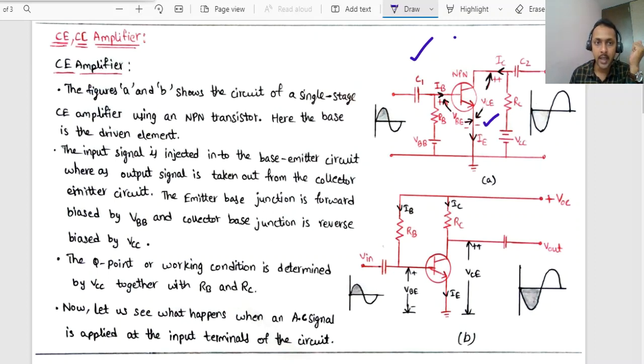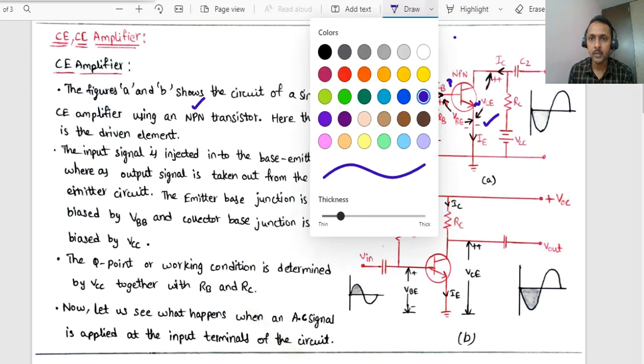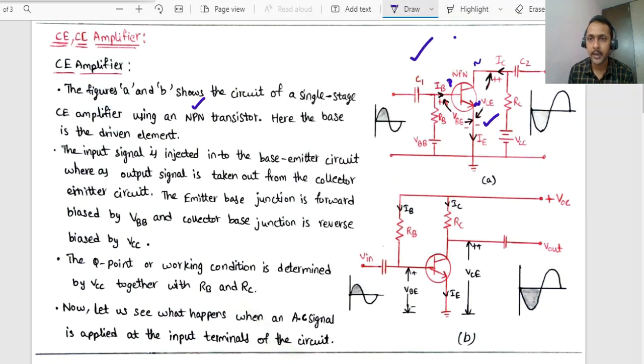Now in this CE amplifier, consider an NPN transistor. The emitter will be N type, the base will be P type, and the collector will again be N type.